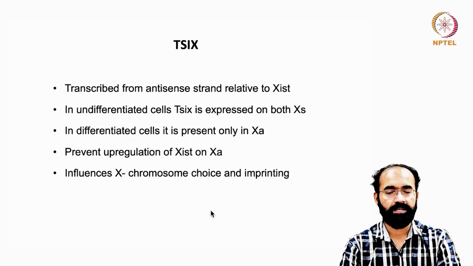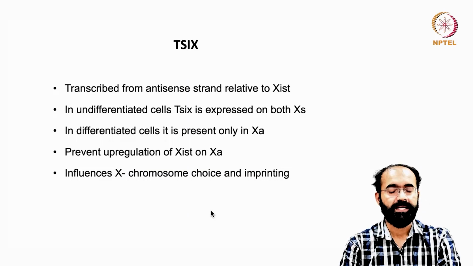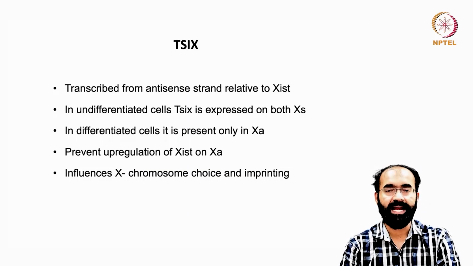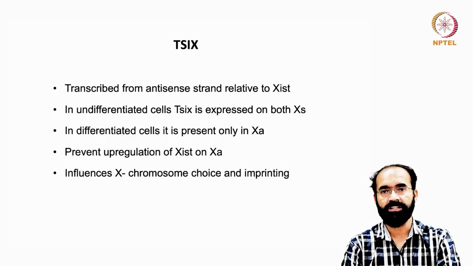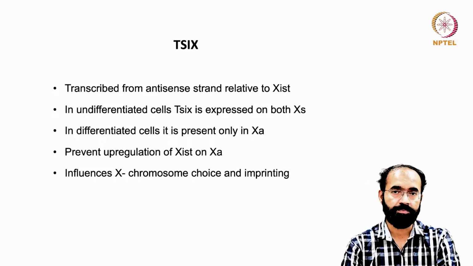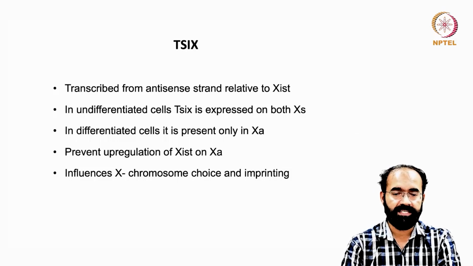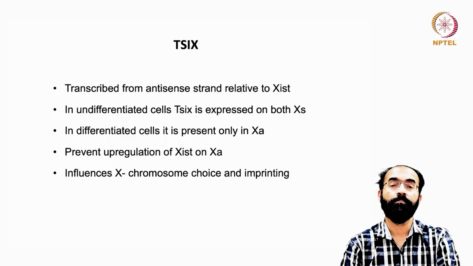Let us understand more about Tsix. Tsix is transcribed from the antisense strand relative to Xist. Xist is in the top strand, Tsix is in the bottom strand. In undifferentiated cells, Tsix is expressed in both X chromosomes.